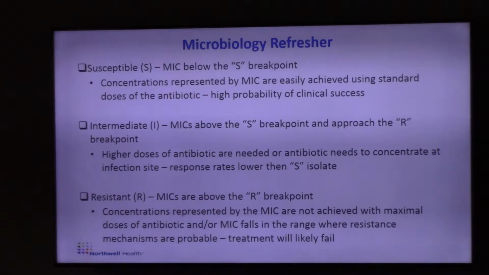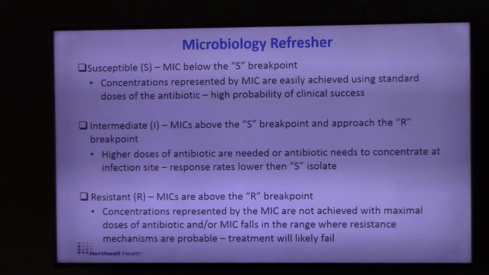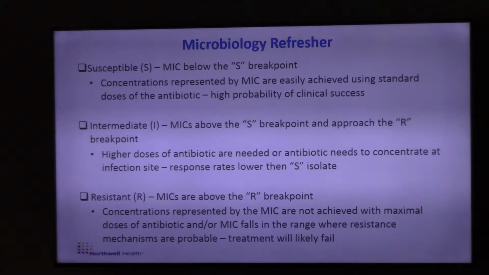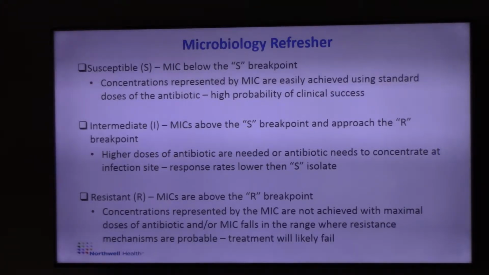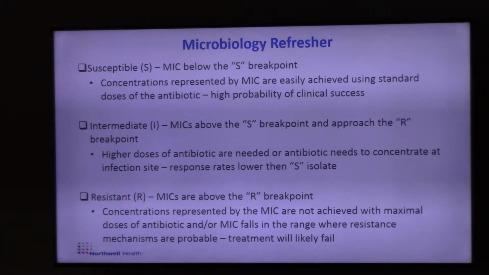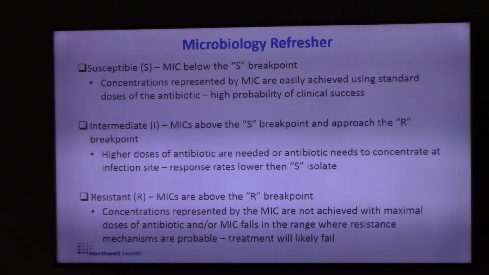Intermediate is not as great: you're getting above the breakpoint and close to resistant, and you would need higher concentrations, or you would have to treat infections where it's easier to attain those concentrations. So something like meningitis, if you have something in the intermediate range, you probably should not be using that drug because it's that much harder for it to get into the CSF.